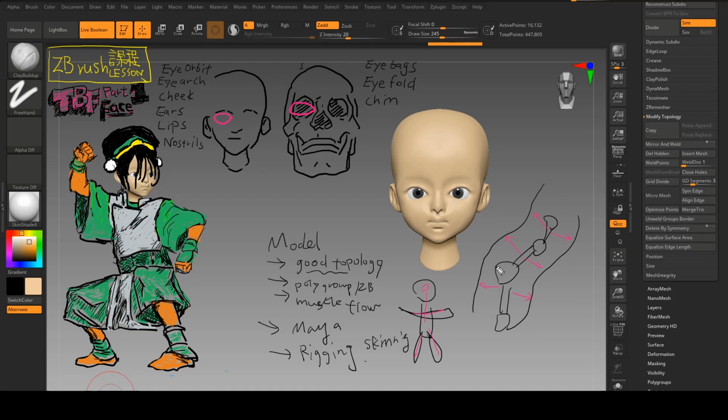So that's why if you move this bone, this skin will move. So that's why good topology is needed.